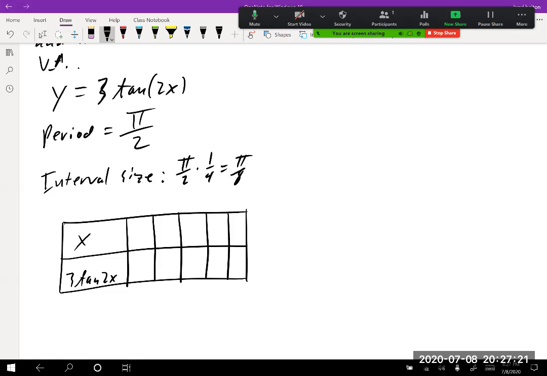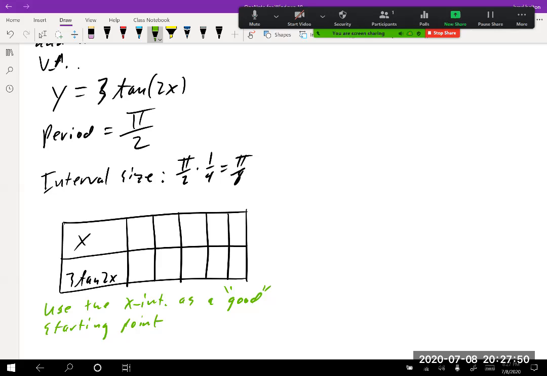The main thing that I always try to do is I try to find the x-intercept. So I want to know when the height of this graph will be 0, and it's not undefined, but when it actually crosses the x-axis. For me, that's a good place to start. So use the x-intercept as a good starting point.